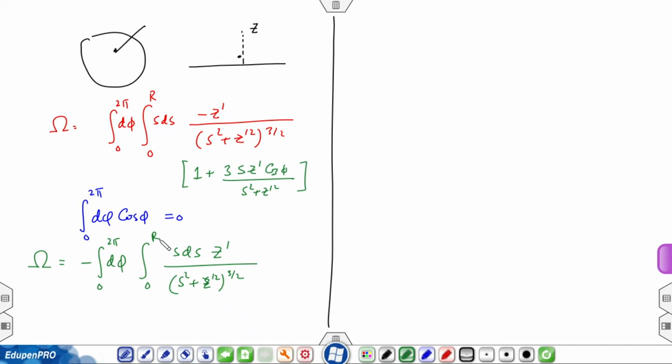So, z prime is very small, z prime is tending to 0 and r is some non-zero number.